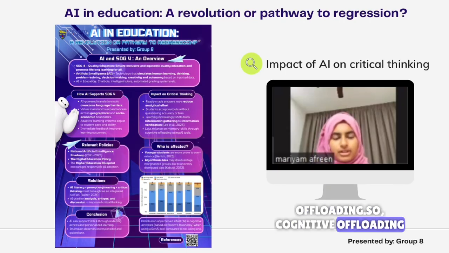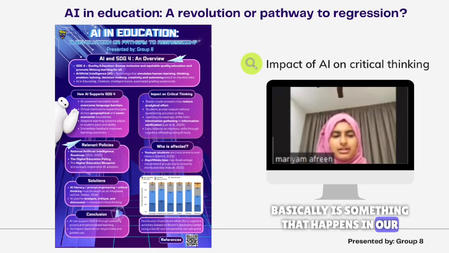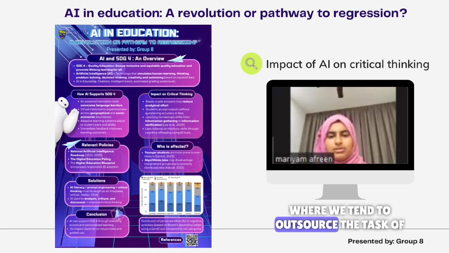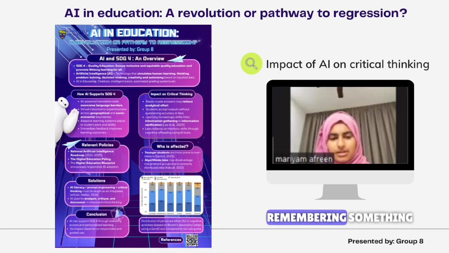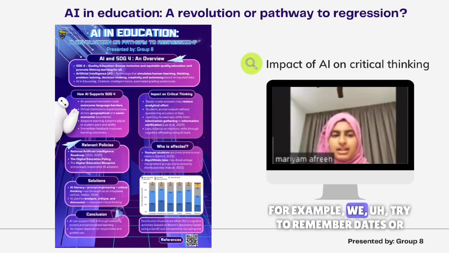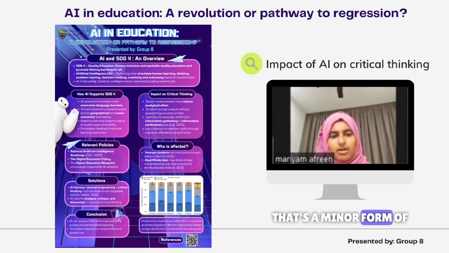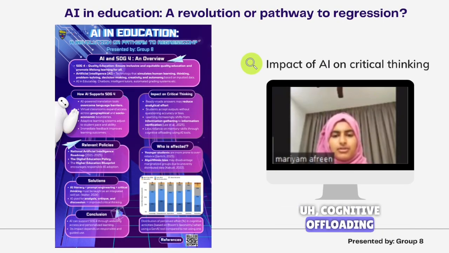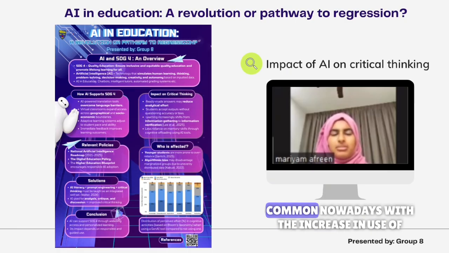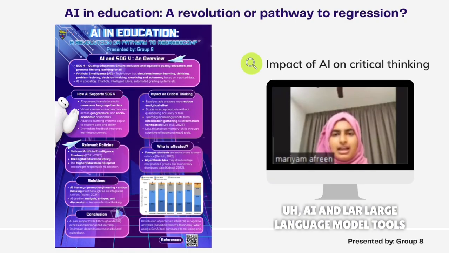Cognitive offloading basically is something that happens in our day-to-day lives where we tend to outsource the task of remembering something. For example, we try to remember dates or events using calendars. That's a minor form of cognitive offloading. The one in particular that I would like to highlight is the cognitive offloading that's becoming more common nowadays with the increase in use of AI and large language model tools.